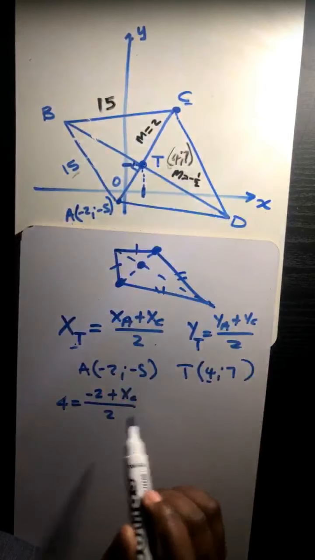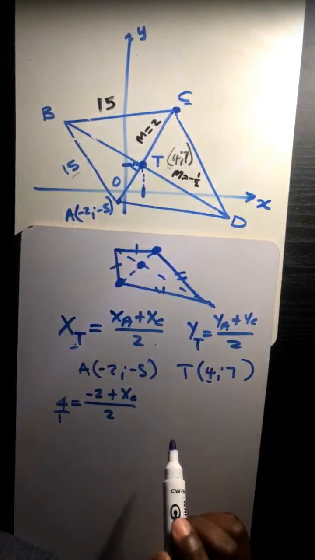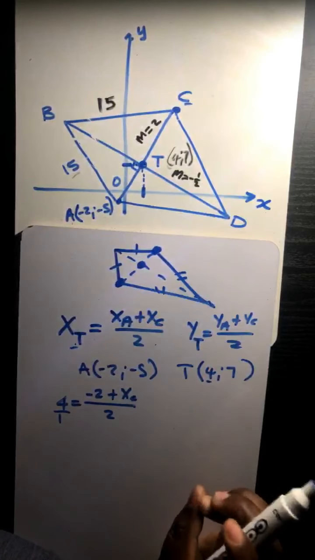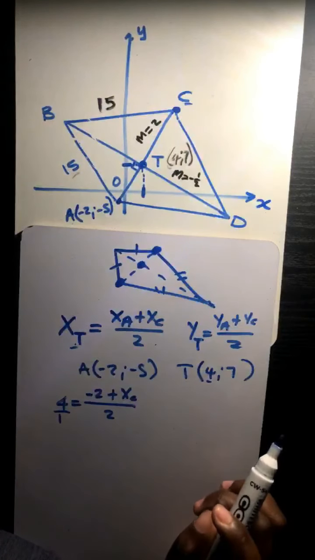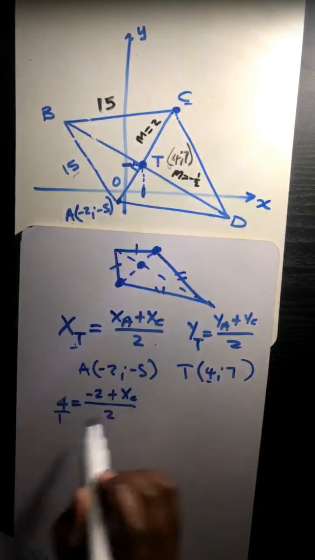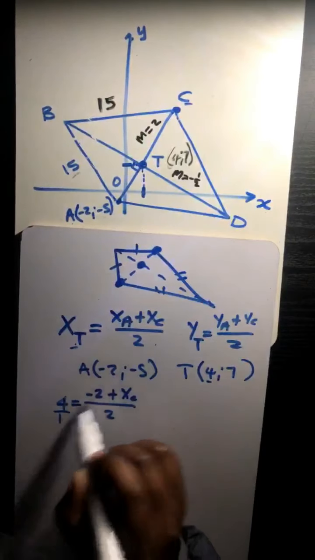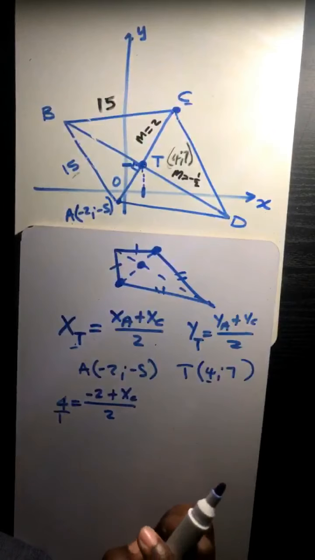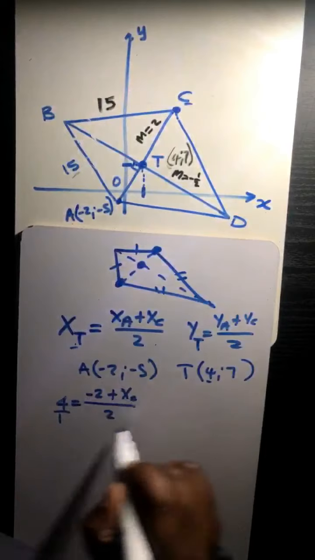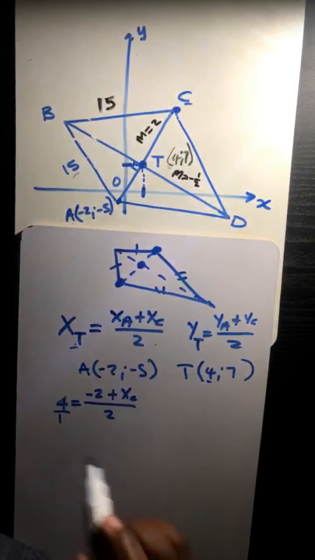So when you have a fraction on this side, you also fractionalize the other side so that you cross multiply. Some of you might remember this thing of cross multiplying.